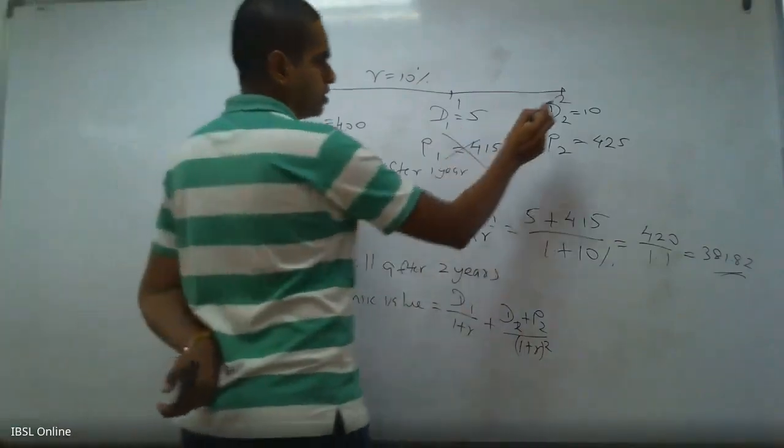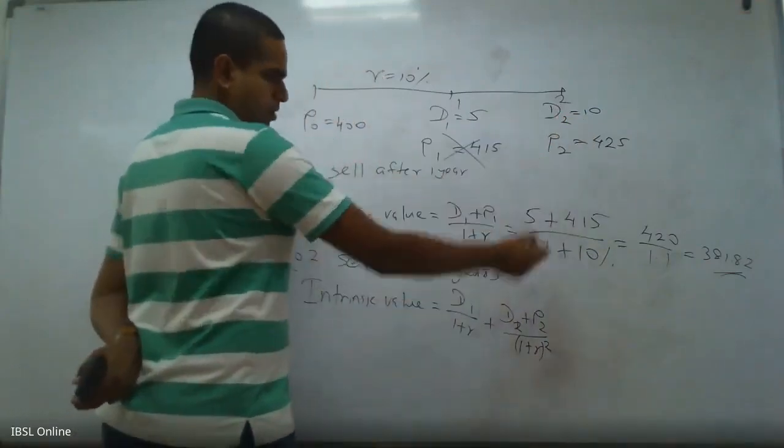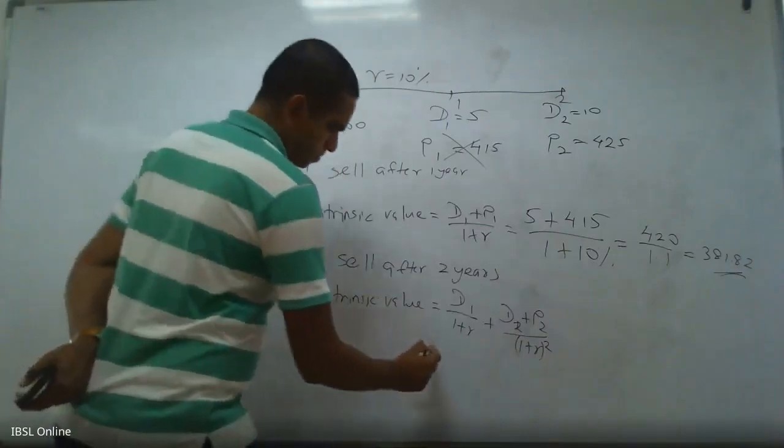In the second year you get a dividend of 10 and you're selling at 425, so you will receive a total of 435 in the second year.